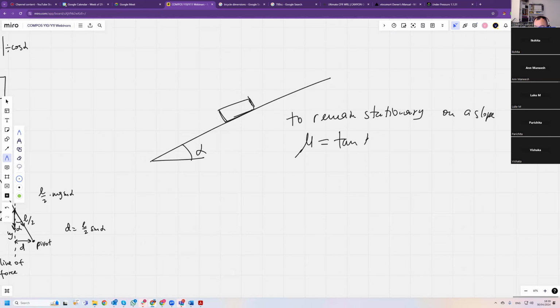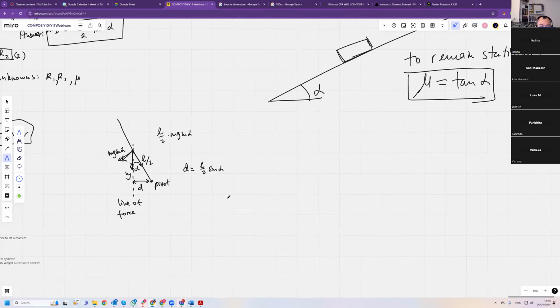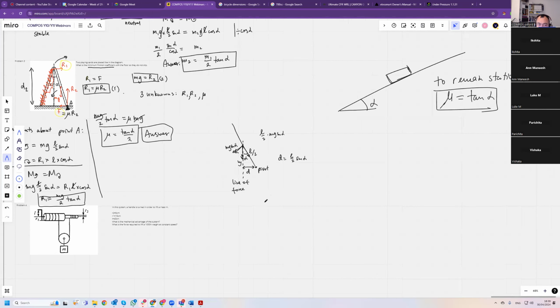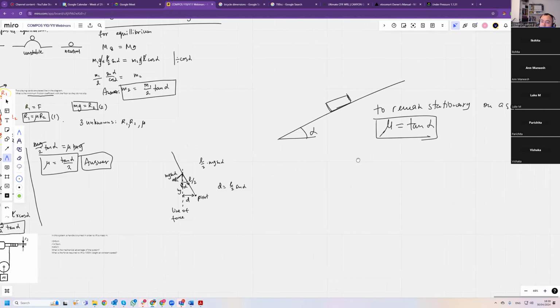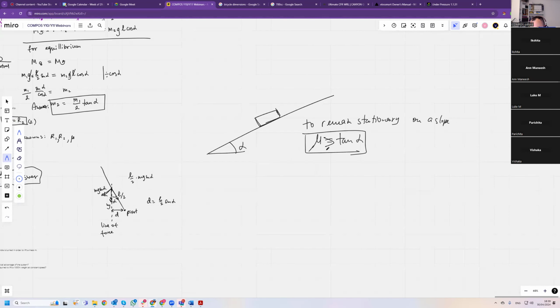It's tan alpha, the friction coefficient. Has to be tan alpha. And here it's tan alpha over 2. So it's kind of consistent. It's a different situation, but I mean, yeah. Well, to remain stationary, it has to be greater or equal to tan alpha.